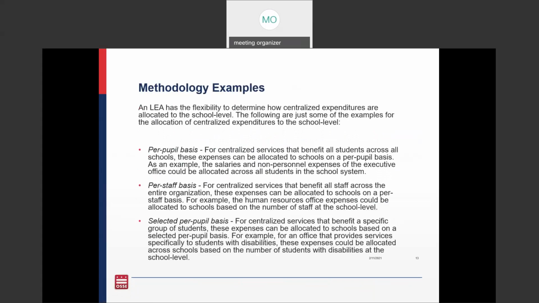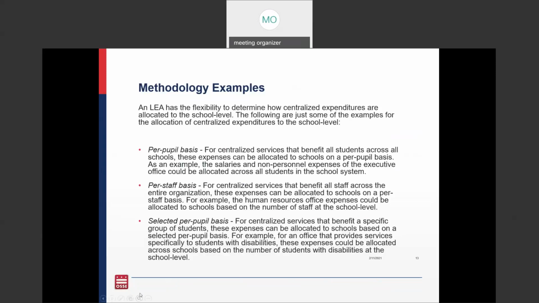For example, if you have a salary for the executive office, that could be allocated across all students in the school system. And then there's a few more. You could do per staff. You could do a selected per pupil basis. You could do it however you want, with the caveat being that there is a centralized expenditure methodology narrative portion of this reporting requirement that all LEAs will need to submit to OSSI.